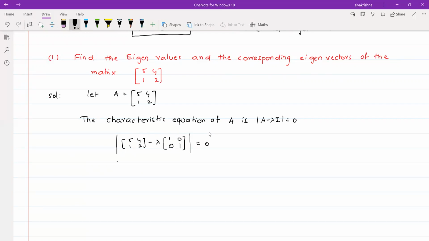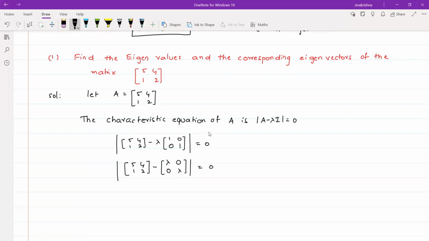Within the determinant, we have to simplify the matrix. So this is [5, 4; 1, 2], and if you multiply the identity matrix with lambda, we get minus of lambda into 1 is lambda, lambda into 0 is 0, lambda into 0 is 0, and lambda into 1 is lambda. Close the determinant is equal to 0.